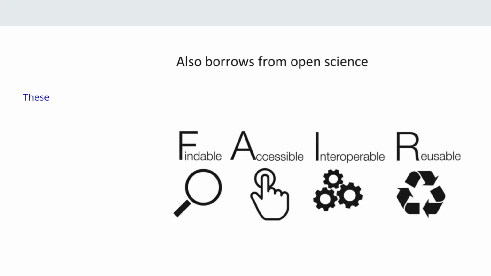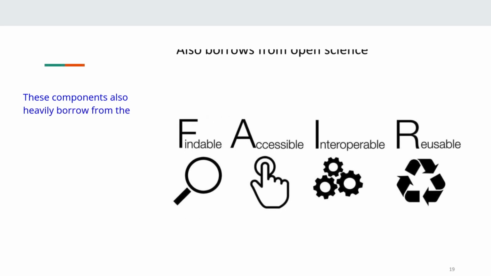Let's talk about the principles then that could guide open data. And I want to pay attention to the FAIR principles. These are components that were introduced from open science principles of FAIR, meaning that data should be, number one, findable. It should be easily discoverable by both humans and machines.